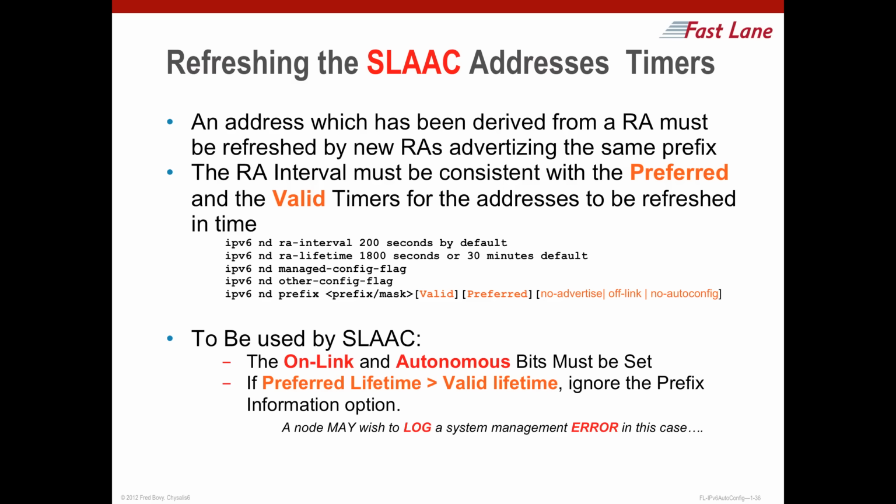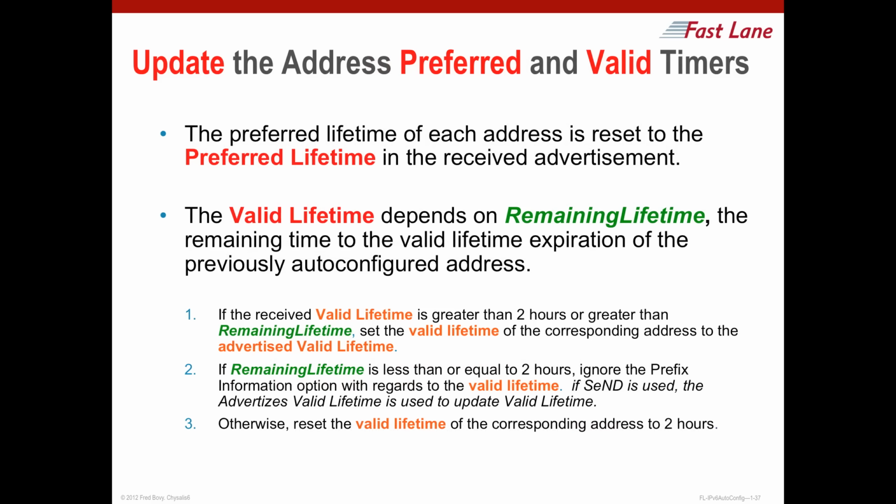The valid must be larger than the preferred, otherwise it may be an error. If it's not the case, then the preferred lifetime is refreshed and also the valid lifetime. So the rule for the valid lifetime is a little bit more complex, but basically it is as simple. It is used to refresh the valid and the preferred lifetime.